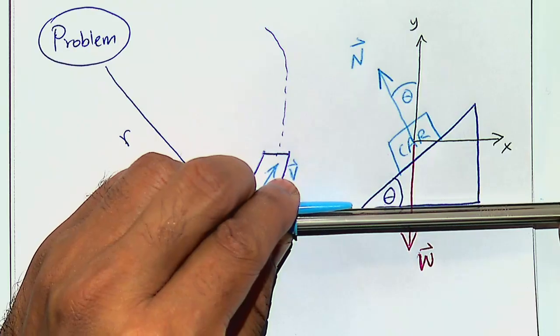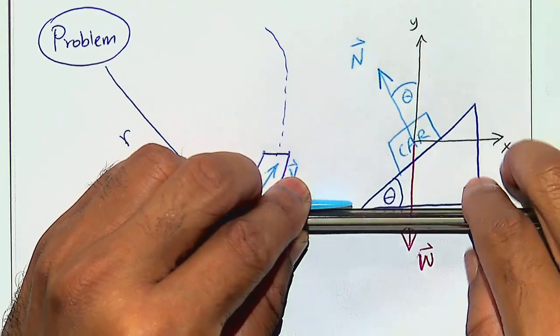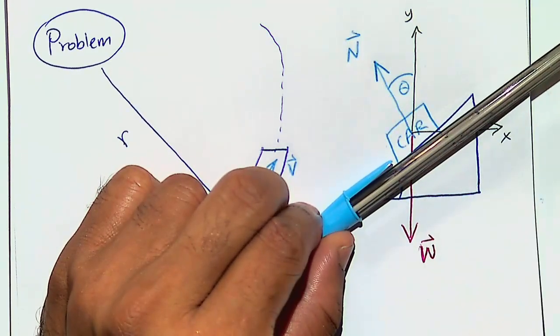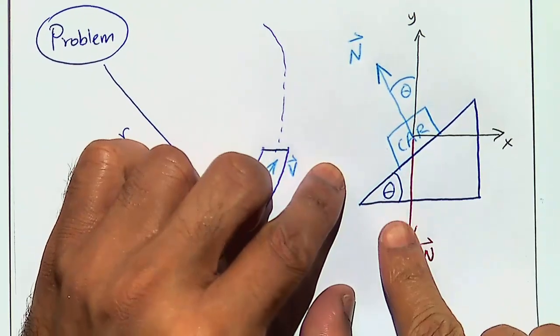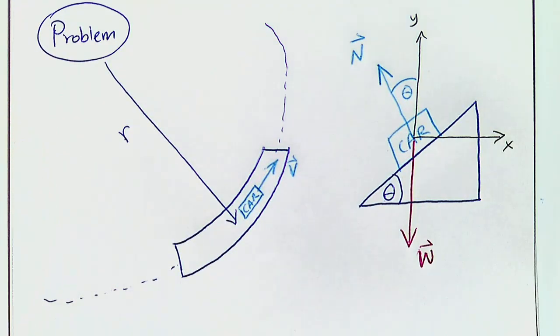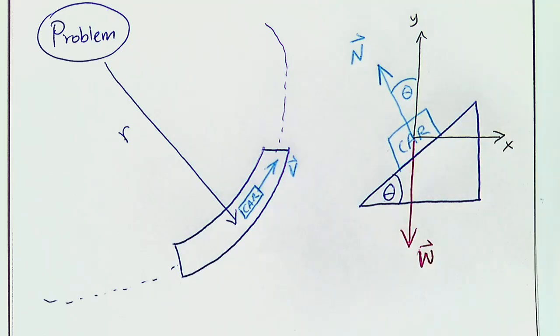This line here is perpendicular to this line. This line here is perpendicular to this line, right? And if you can identify that, you can say that this angle and this angle are the same. It's just a fast way to get to the fact that these two angles are the same, right?